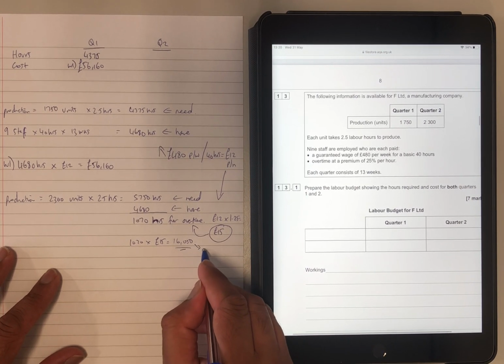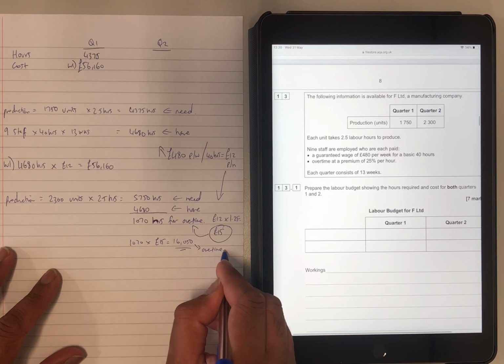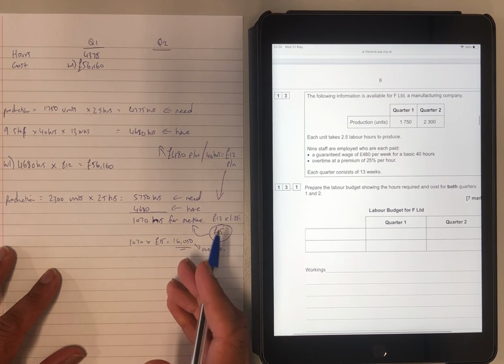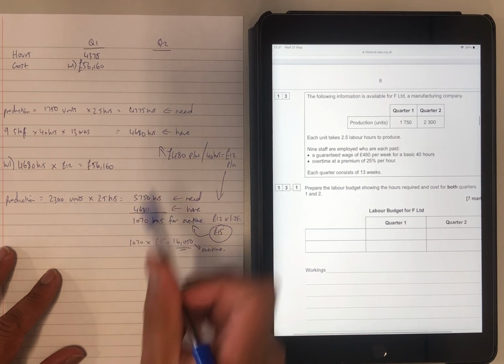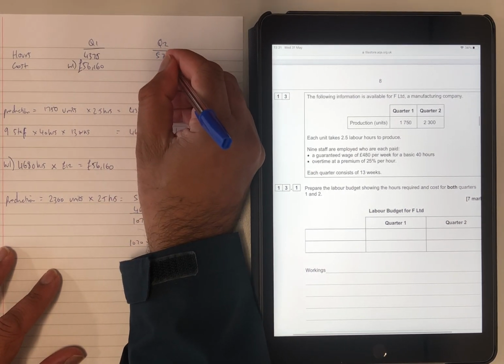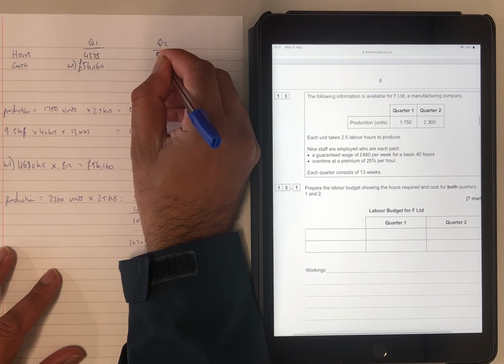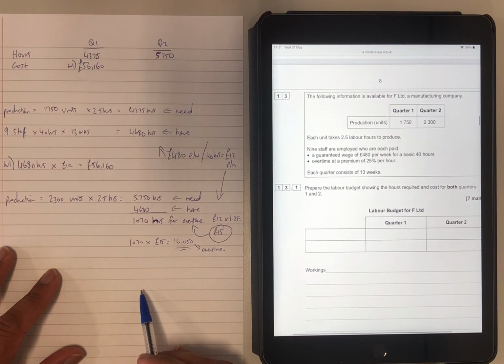This is overtime. We're not finished with the question. How many hours do we need? We need 5750. What's it going to cost us?